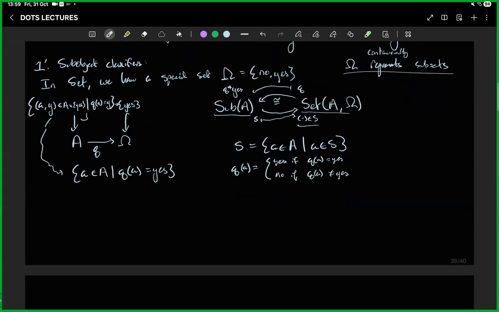In fact, if I have any category C, we can see that Set to the C has an omega. By what do I mean by an omega? Well, now omega is not going to be no, yes, because this is not a single set, it's a functor.